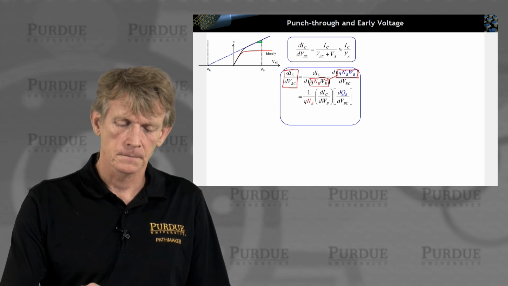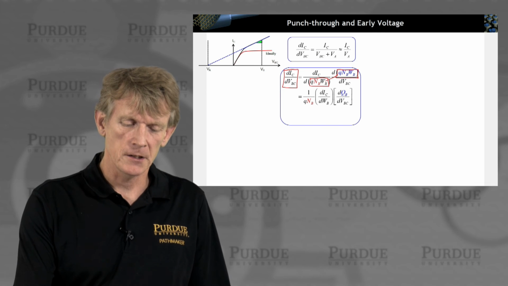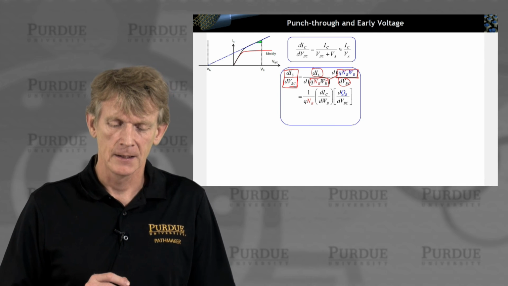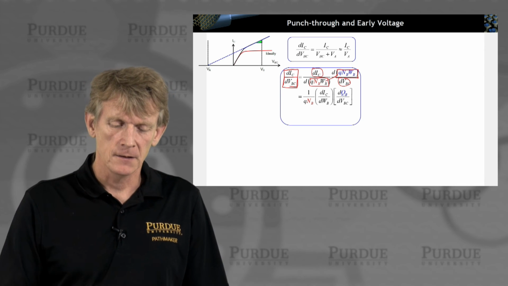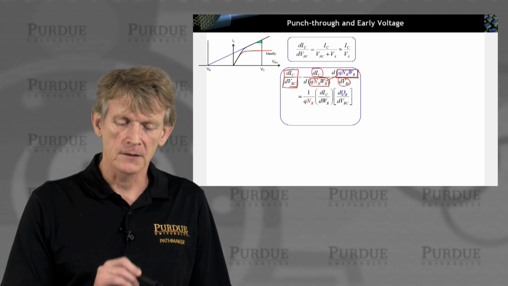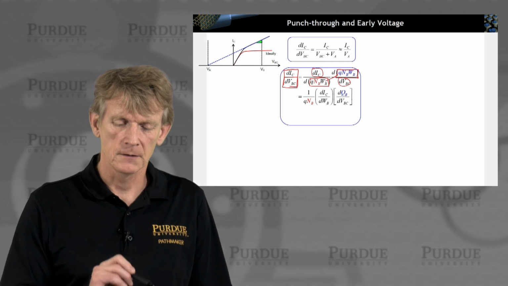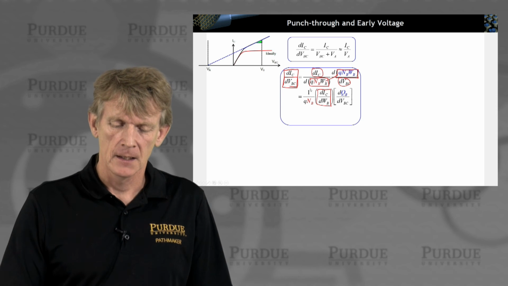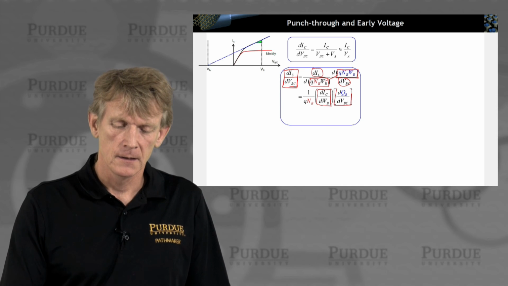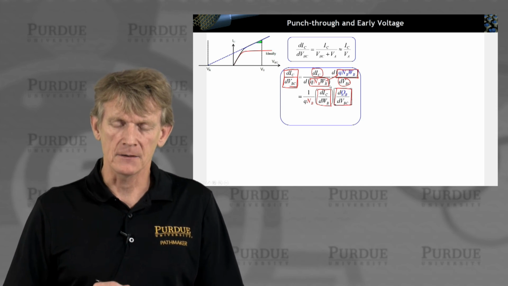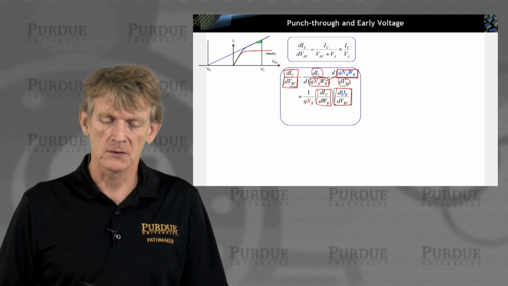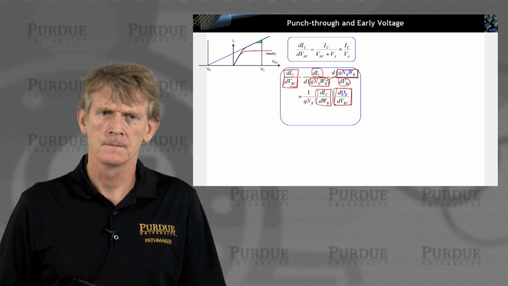Originally this is here and this is here, and I introduced this factor. Now, I can assume that the doping is constant, so I pull this out, and I end up with a differential with the base width, and I'm looking at the charge in the base as a differential change of the base collector voltage.